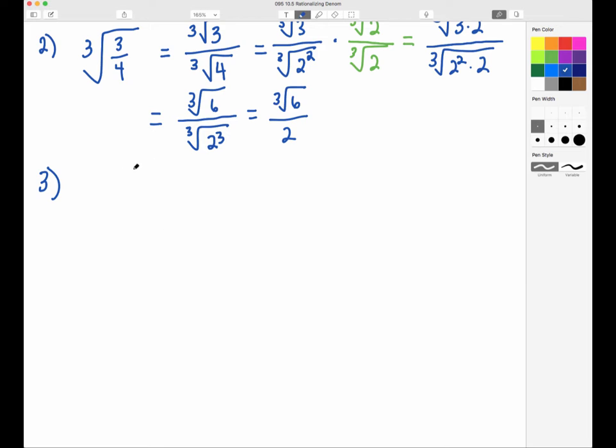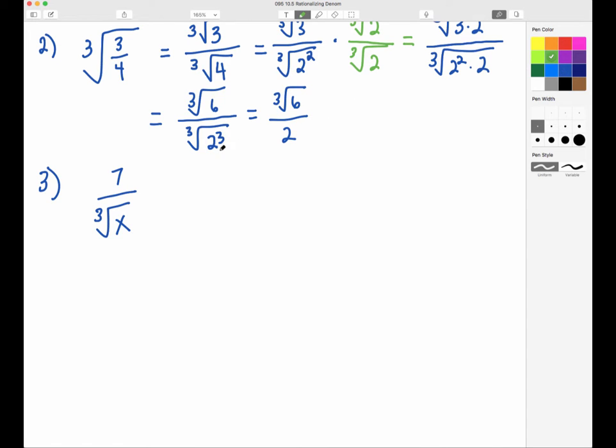For our third example, we'll bring back the cube root, but now we're going to use some variables. Let's take 7 divided by the cube root of x. So if we have a variable or a number, we use the exact same process. We need to get x raised to the 3rd power so that the cube root and the cube cancel each other out.